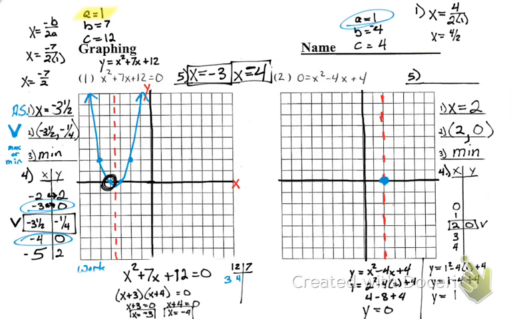Y equals 1. So when x is 1, y is 1, which also means when x is 3, because of the symmetry, y is also going to be 1. So I can graph those 2 points on my graph now.